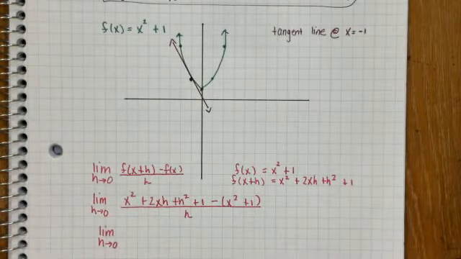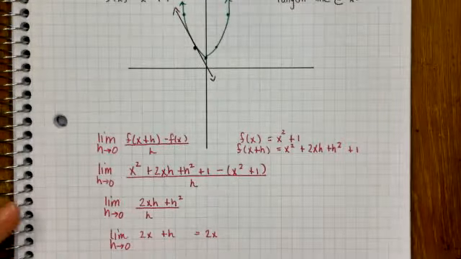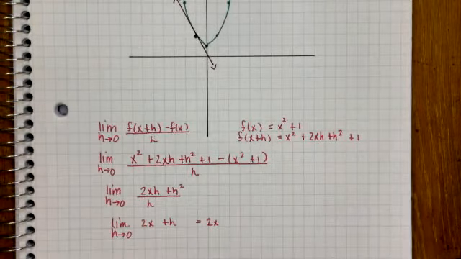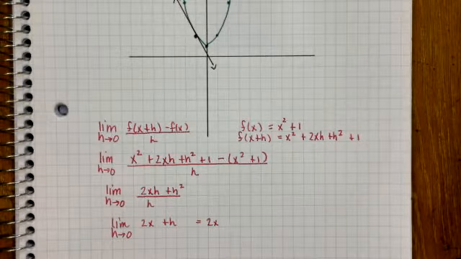Go ahead and take a minute, factor and reduce. As promised, simplify, and you're left with 2x.